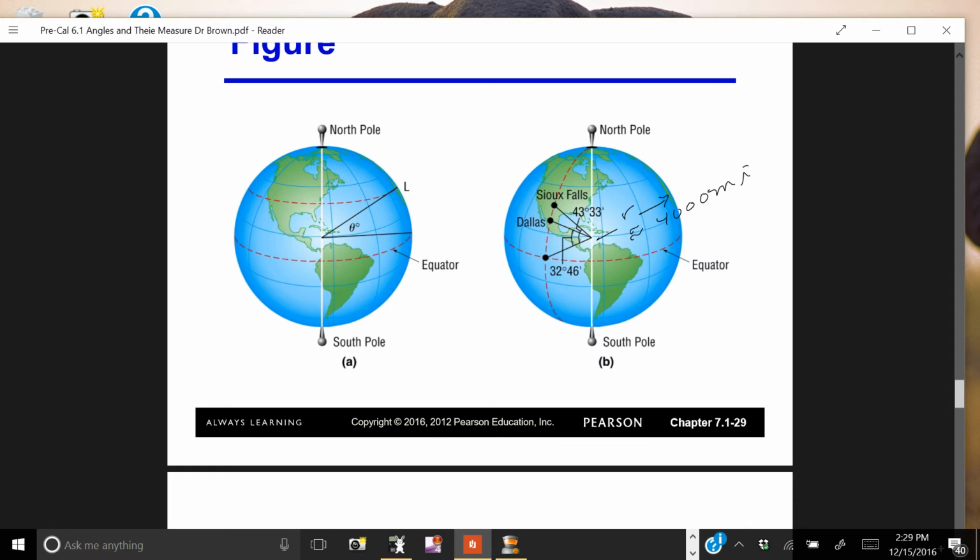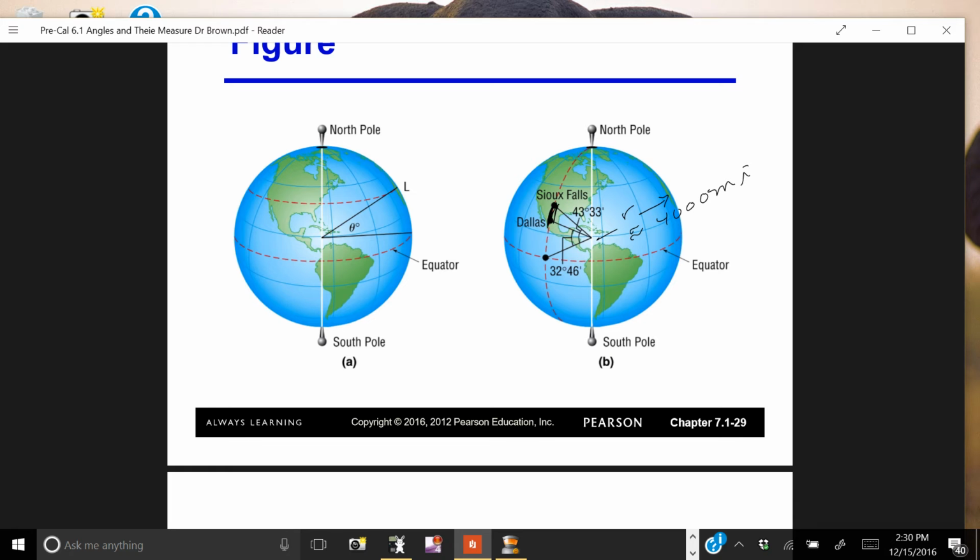And I'm sure you're familiar with latitude and longitude of points on the Earth. This is just an example of figuring out how far 2 points on the Earth are from each other along the surface of the Earth.